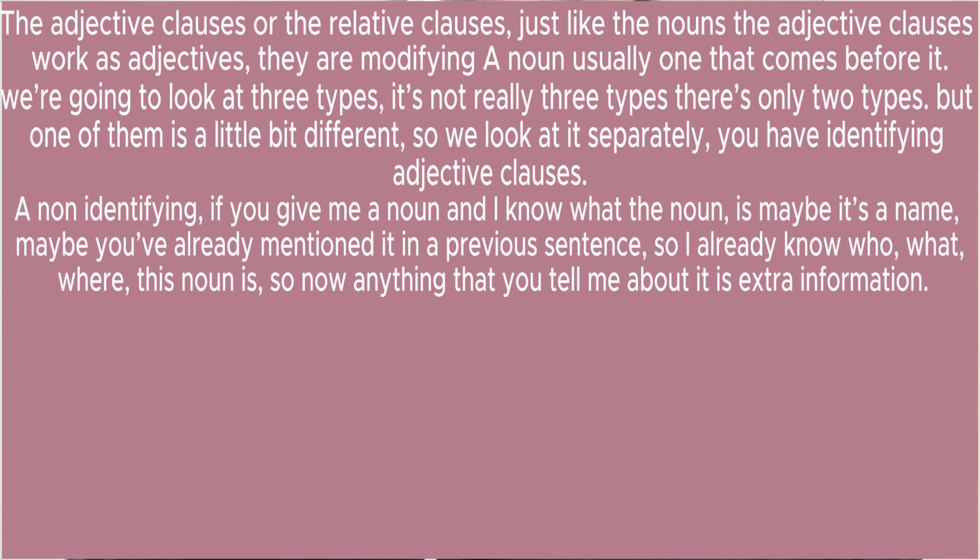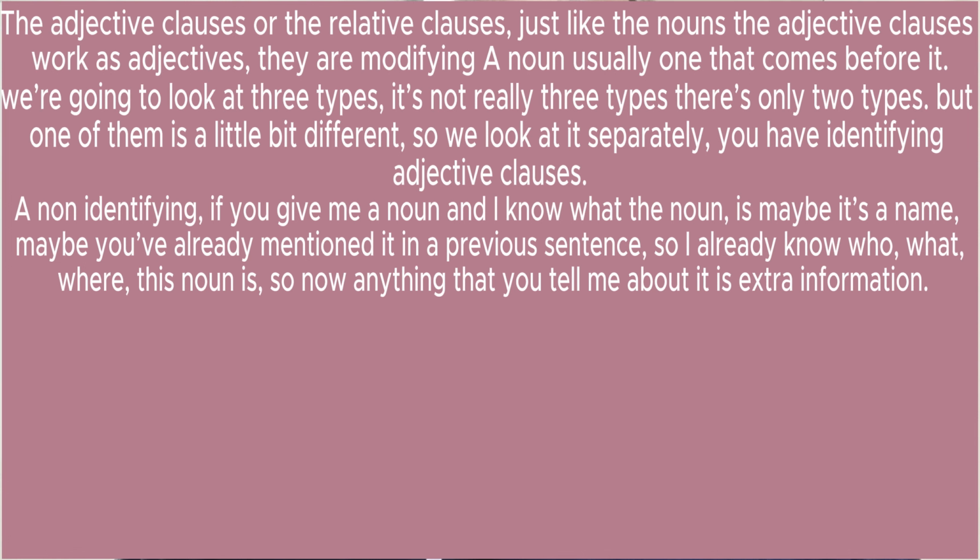On the other hand, we have a non-identifying clause. If you give me a noun and I know what the noun is, maybe it's a name, maybe you've already mentioned it, so I already know who, what, where this noun is. So now anything that you tell me about it is extra information.